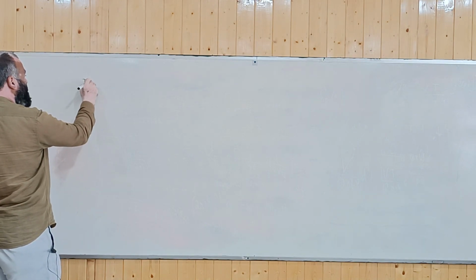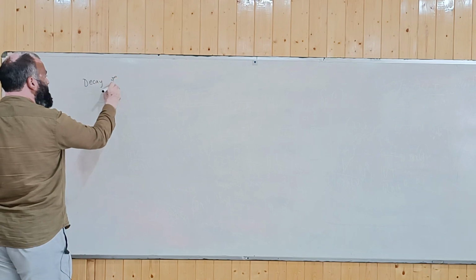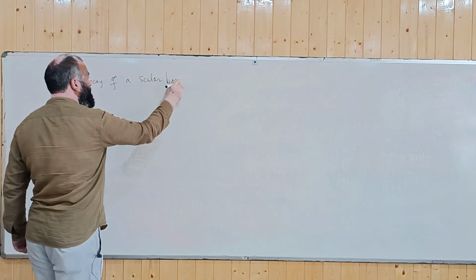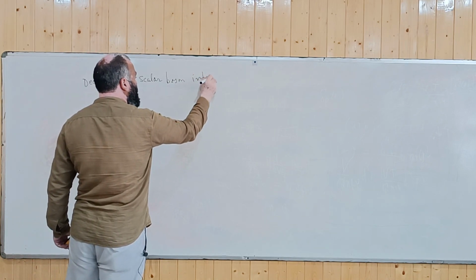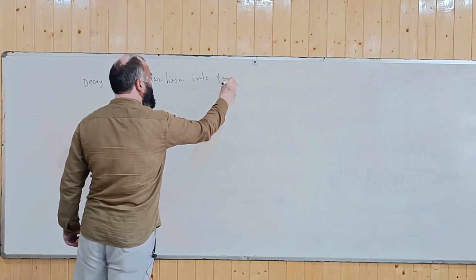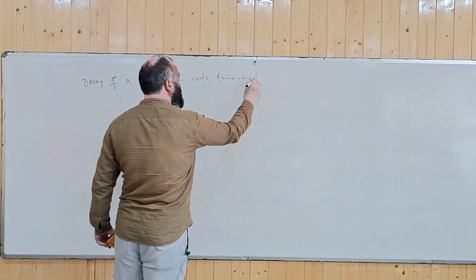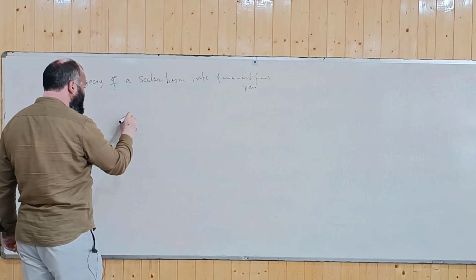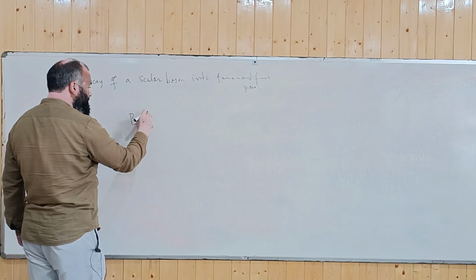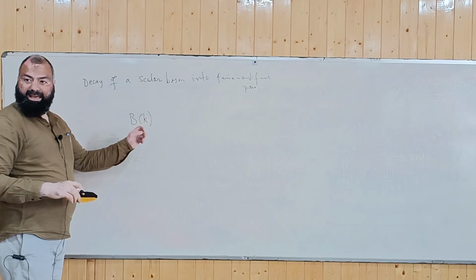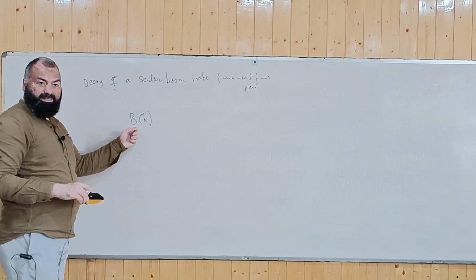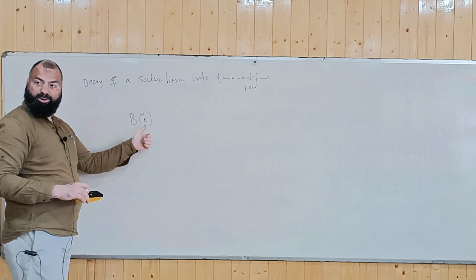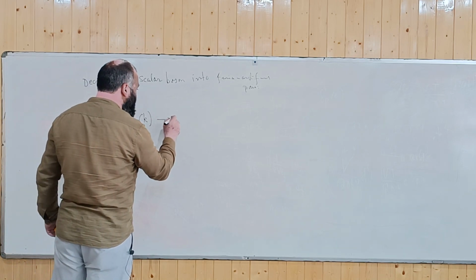You are having a decay of a scalar boson into a fermion and antifermion. So I'm having this kind of process. Let me write B as the symbol for the scalar boson, and k means the momentum vector, so it goes like this.